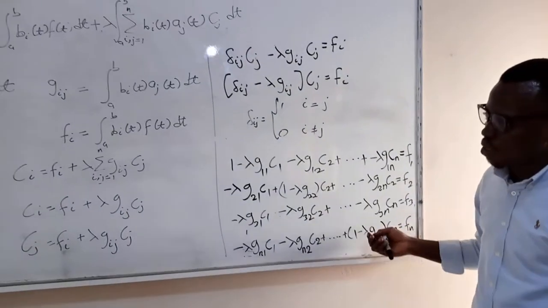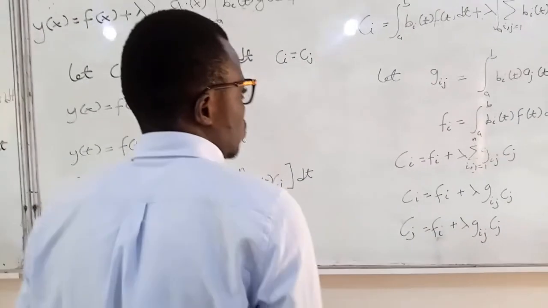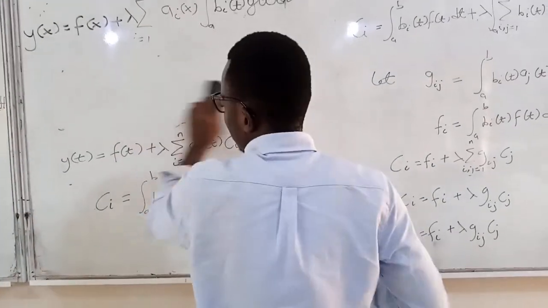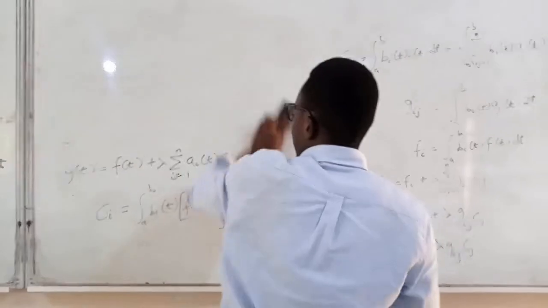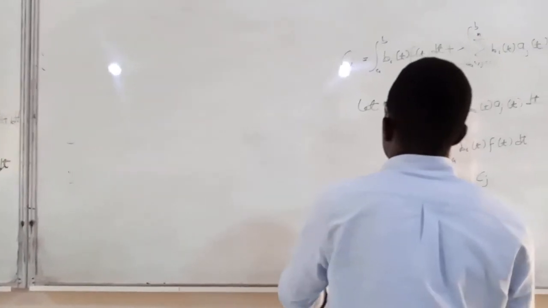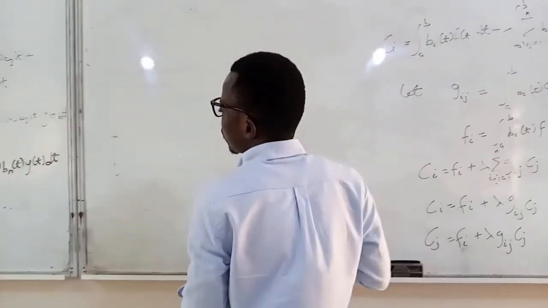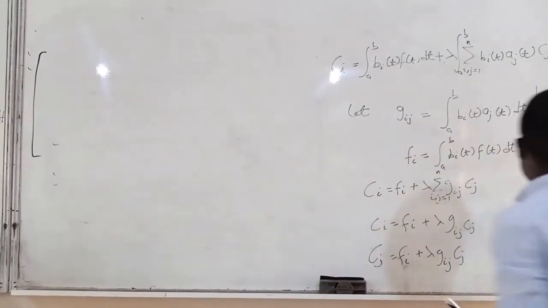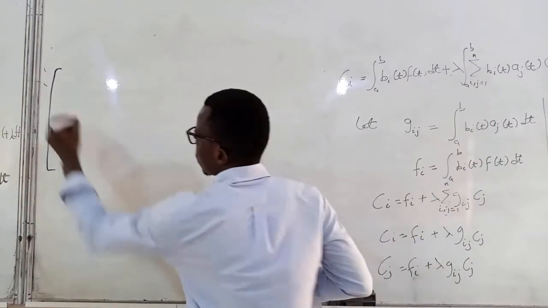Let's put it in a matrix representation. In the matrix representation, we're going to have the first term, which is 1 minus lambda j11 in our first entry.